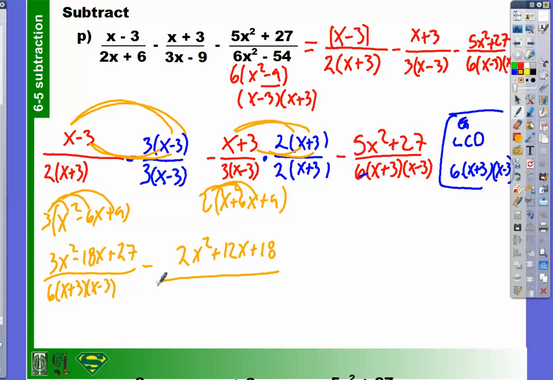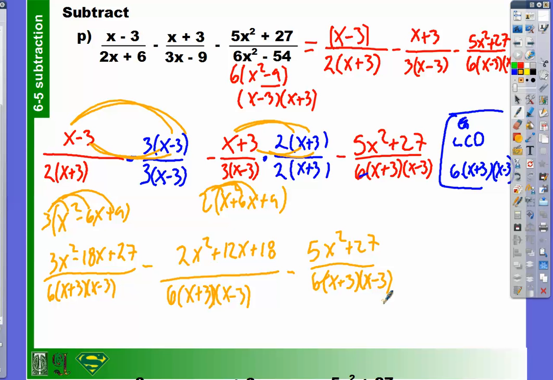Then I have my common denominator, 6 times x plus 3 times x minus 3. And then, thankfully, I don't have to multiply the last term by anything because it already has the common denominator. So we have 5x squared plus 27 all over 6 times x plus 3 times x minus 3.